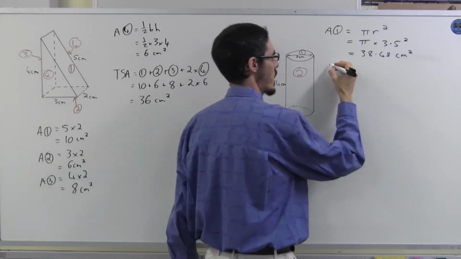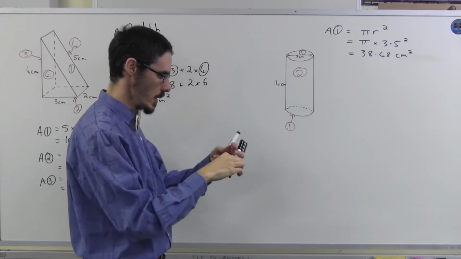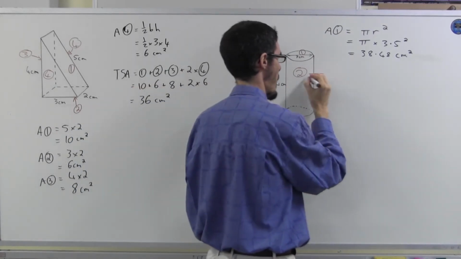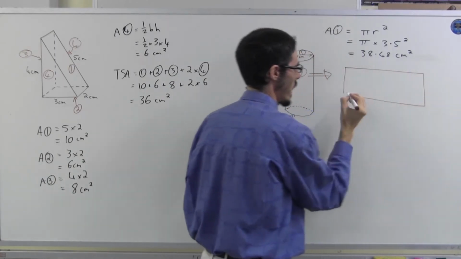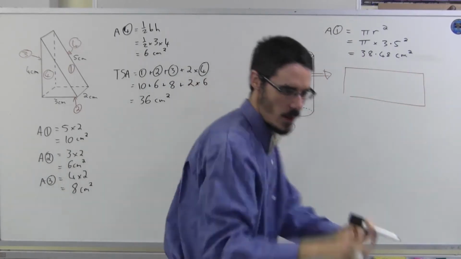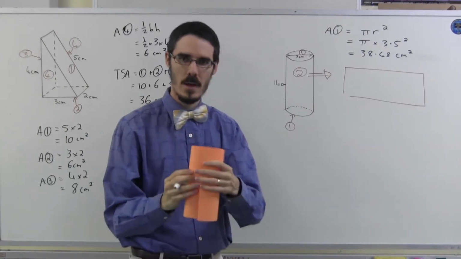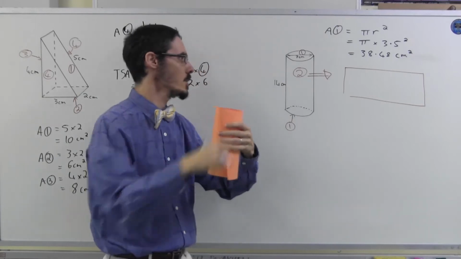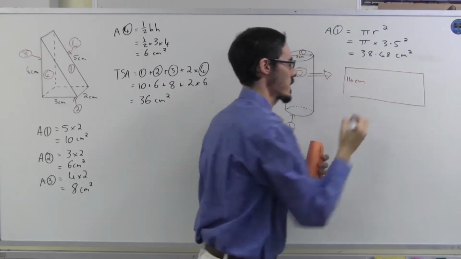Okay, let's work out 2. I'm actually going to draw a diagram for 2. 2 is a rectangle. The height of that rectangle, let's look again. The height of the rectangle is the height of the cylinder, 14 centimetres.